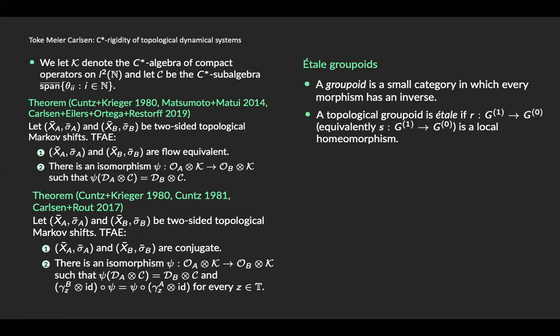A topological groupoid is called étale if the range map, or equivalently the source map, is a local homeomorphism. Here I use the tradition of calling it the range instead of the codomain, and the source instead of the domain. This is often the case when you use groupoids in connection with C*-algebras.